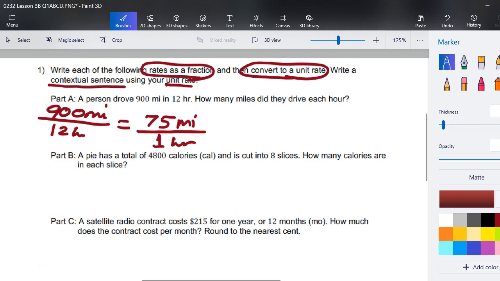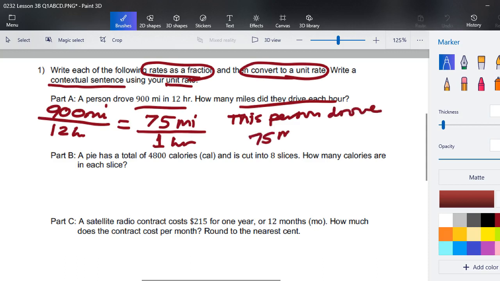And this is a contextual sentence. It's talking about a person driving. How many miles do they drive per each hour? We can make up a name for the person, or we can just say something along the lines of, this person drove 75 miles for every hour.